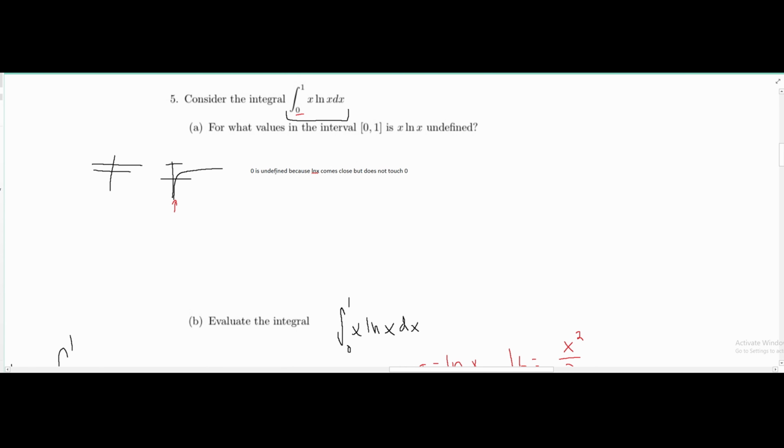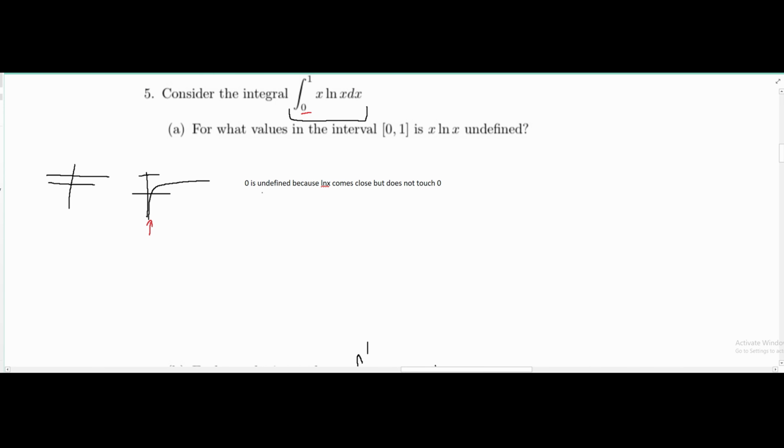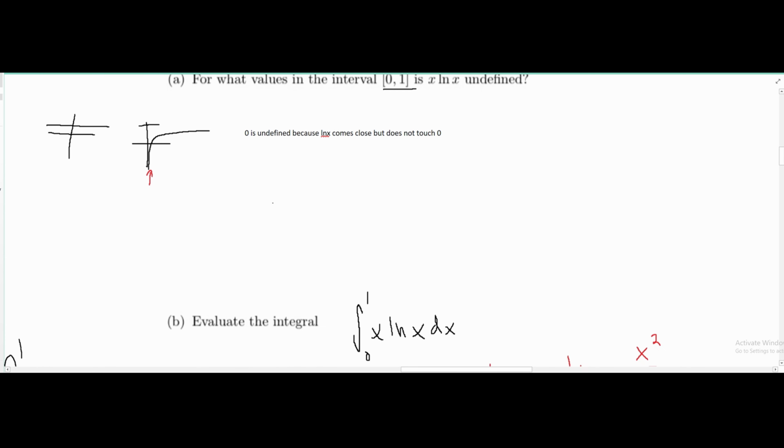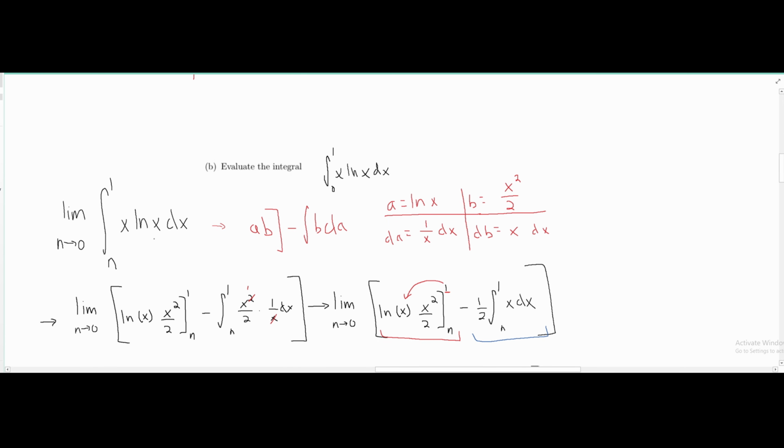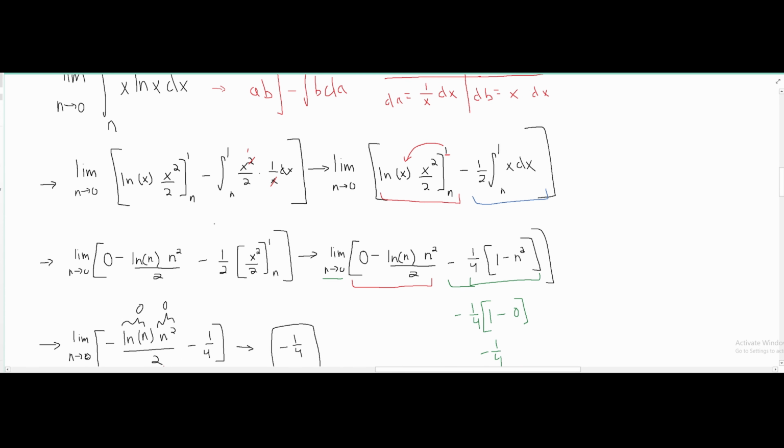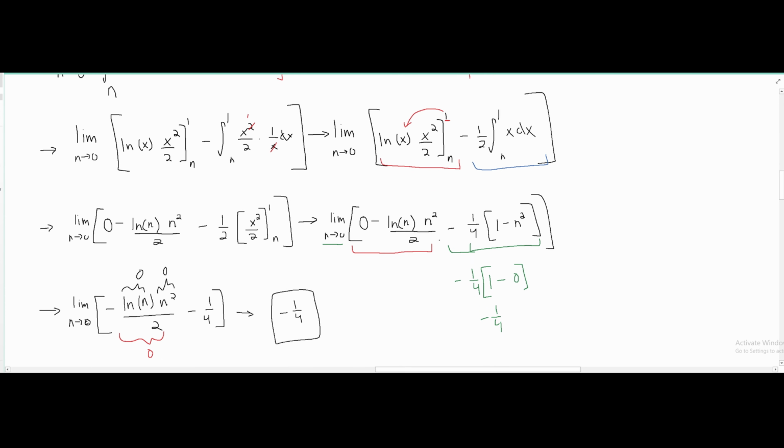For part A, in number 5, we said it's undefined because 0 is included in this, and ln of x never touches 0. For part B, when we evaluate it, we have to set a limit out front, n is approaching 0, and then we substitute the 0 for n. Then we do a by parts. We do all of this work. This is all by parts work until we get down to this step right here, where we plug in our n for this side and we get negative 1/4.